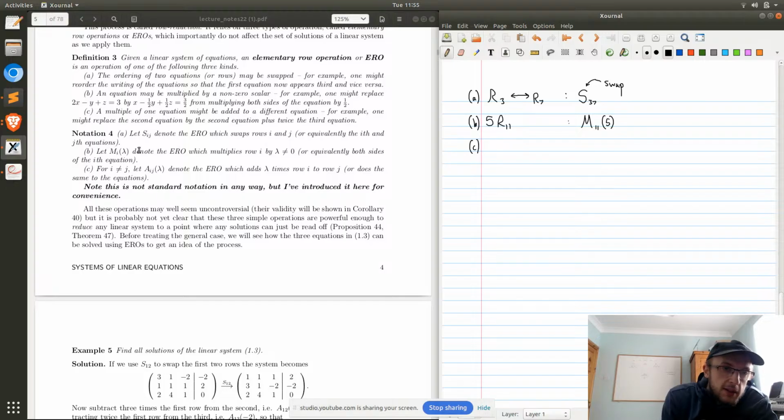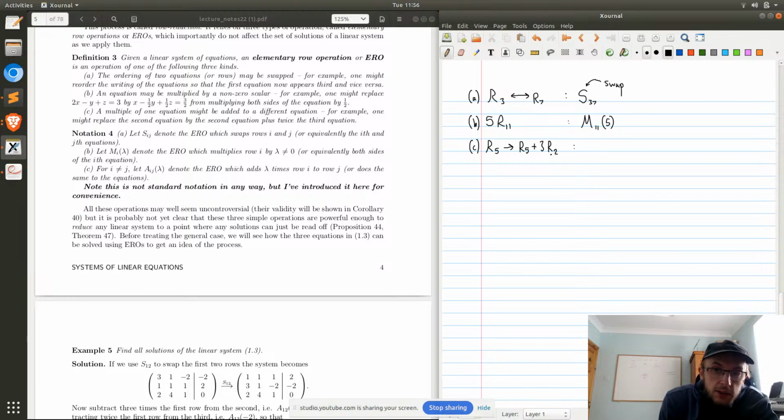And now what about the third one, the most important? For different rows i and j, this... okay, that's really strange. So how have I seen this presented before? Let's say you want to add to row 5, you want to add 3 lots of row 2.